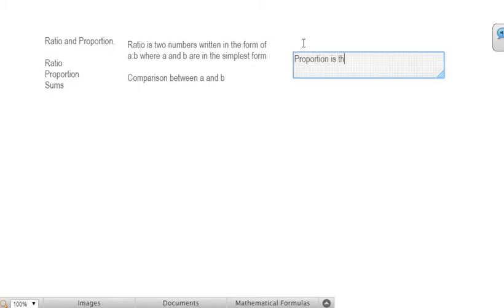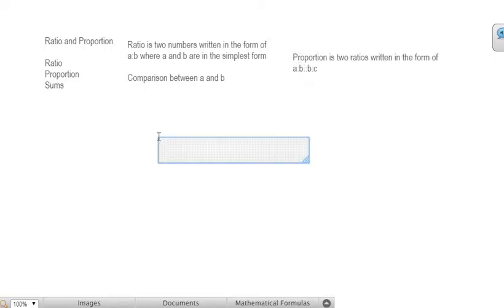Proportion is actually two ratios written in the form of A is to B such that B is to C. Now let's take the example for these.